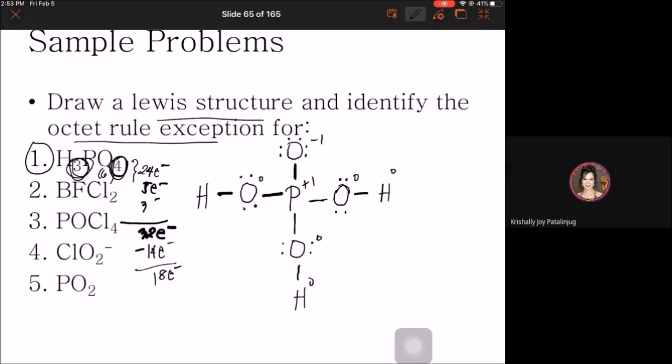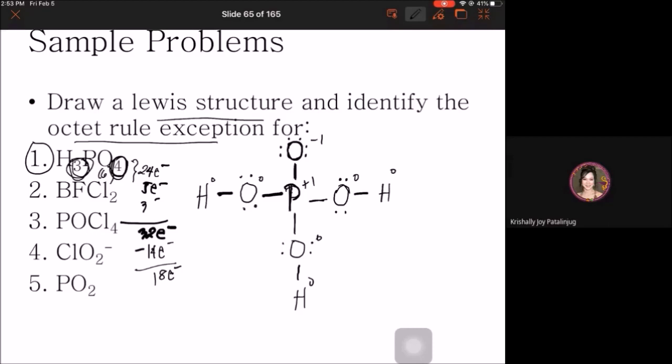Kung titingnan, may charges for oxygen na surrounding atom and the central atom na phosphorus, meron siyang formal charge na positive 1. Now, meron pa itong actually much more stable na binding, yung phosphorus na to as the central at saka yung oxygen na to. Di ba?